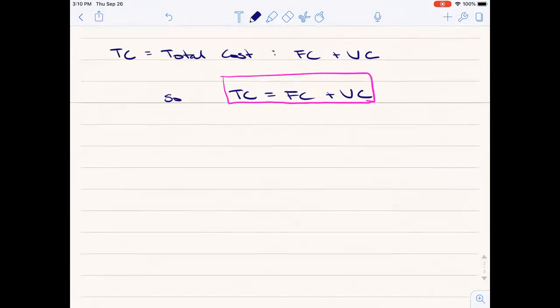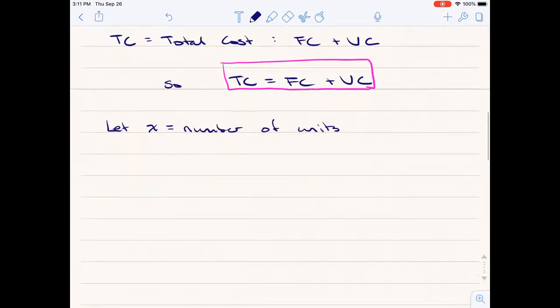So I'm going to say let x be the number of units sold / produced, because we're going to assume that's the same thing.